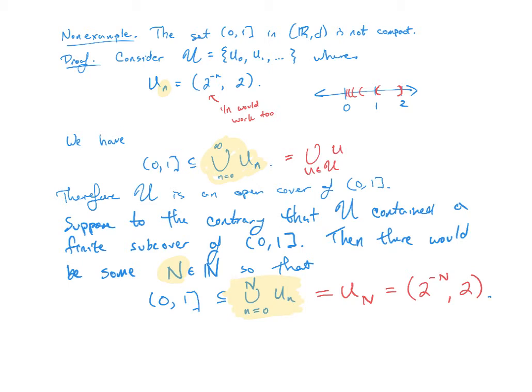But this is a contradiction, and it's a contradiction because we didn't cover everything. There are numbers that are smaller than 2 to the minus capital N, no matter what capital N is.